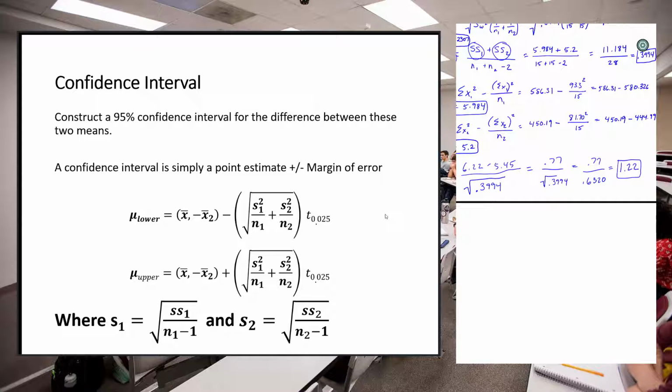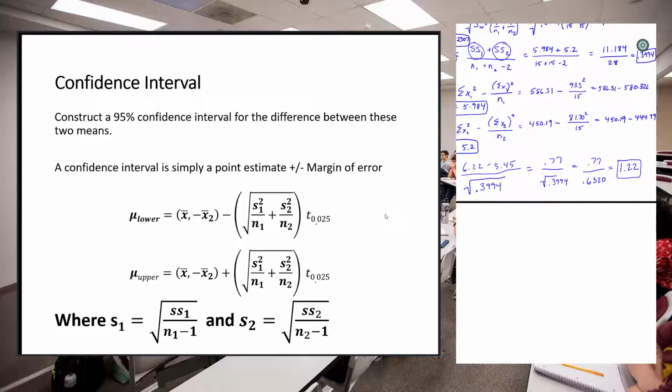It's essentially our best guess at the population mean, which is our sample mean. And then we're looking at a margin of error above and below that. So we're trying to say, what is the range at which 95% of the time the population mean will fall given a particular sample mean.